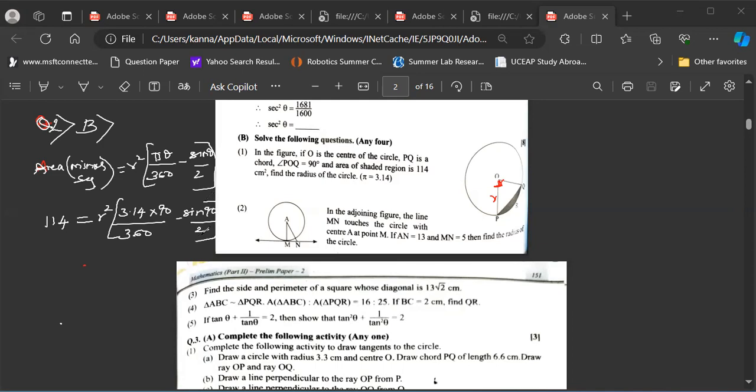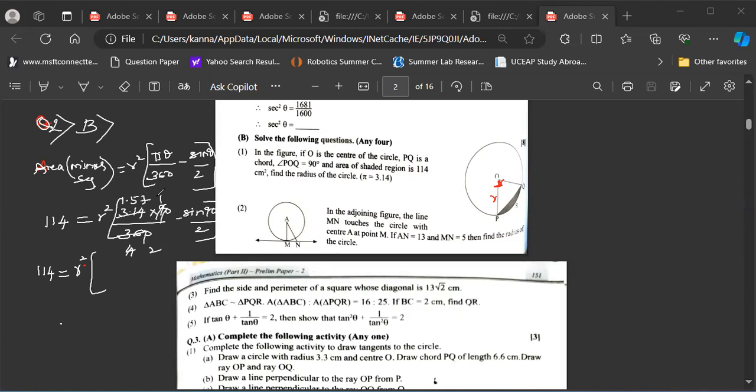Sine 90 upon 2. So what I'll get, 114 is equal to r square as it is, children. The 0, 0 cancel, 9 ones are 9, 4 twos are 2 1.57.